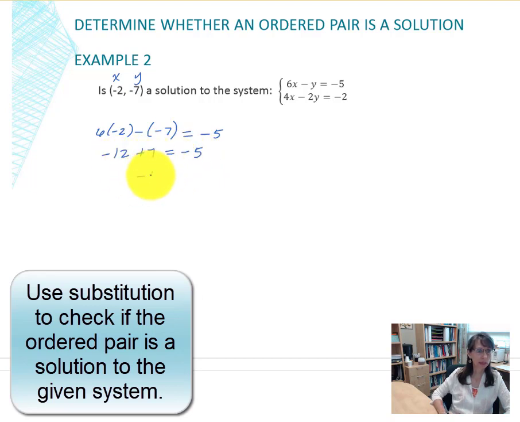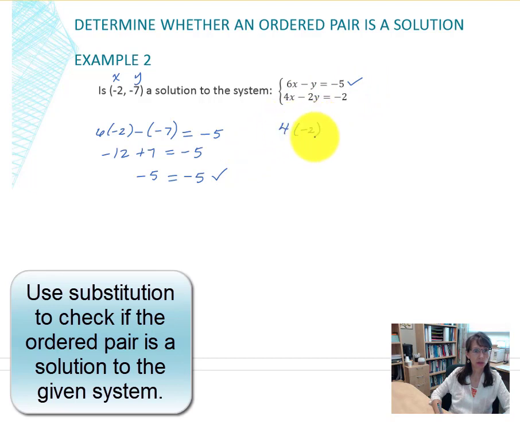So it looks like we have -5 on the left and -5 on the right. So what we know so far is that (-2, -7) is a solution for the first equation. Let's try it out in the next one.